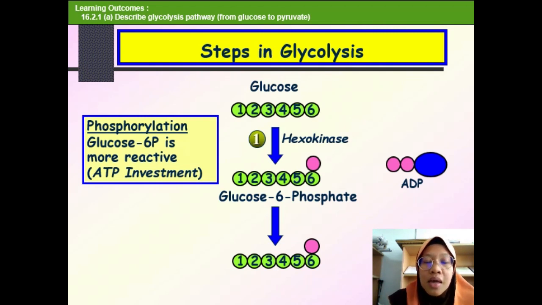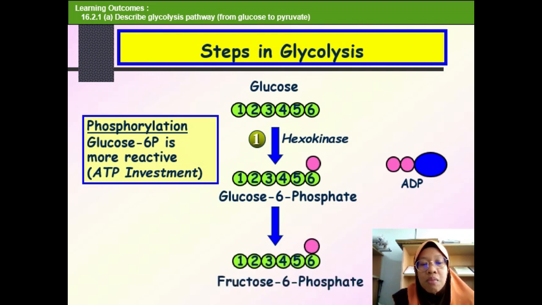Okay, so sekarang glucose 6-phosphate ni undergo the second process which is just dia punya molecule tu rearrange saja. So this is known as isomerization. Just rearrangement of the atom-atom yang ada dalam tu. So dia jadi fructose 6 phosphate.